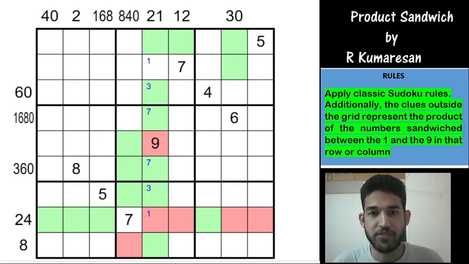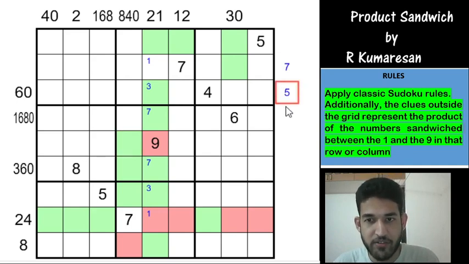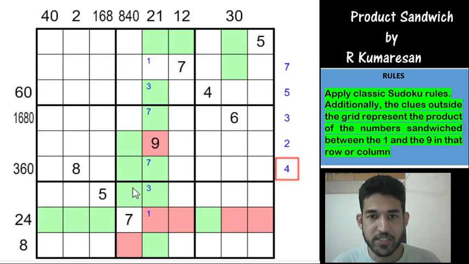24 can be factorized further into 3 and 8, and 8 can be factorized further into 2, 4. So if you write those digits here, for example, 7, 5 and 24, right? I'm factorizing 24 into 3, 2 and 4. So you can have maximum 5 digits inside the sandwich in this column 4.